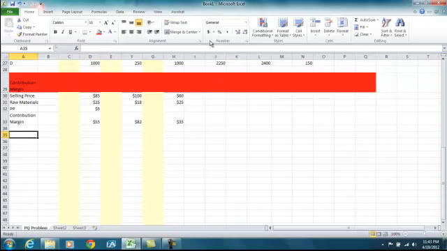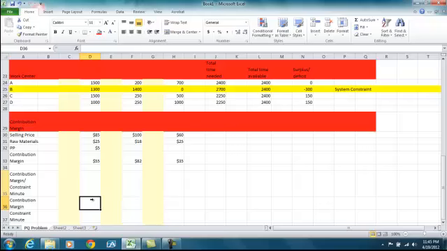So what I'm going to do right now is calculate the contribution margin per constraint minute. Alright, so here what I'm going to do is take my contribution margin.